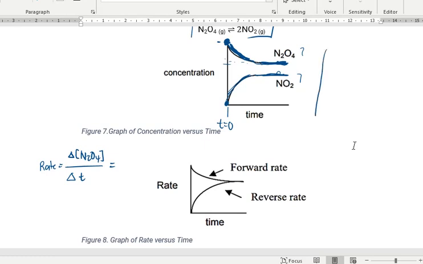The slope of this one. Right? Because, right, the slope, this is the y-axis, this is the x-axis, the time, right? So, the slope is just y2 minus y1, so, change in concentration, change in y, over the change in x, or change in time. That's the rate. So, they plotted the rate versus the time. Okay?